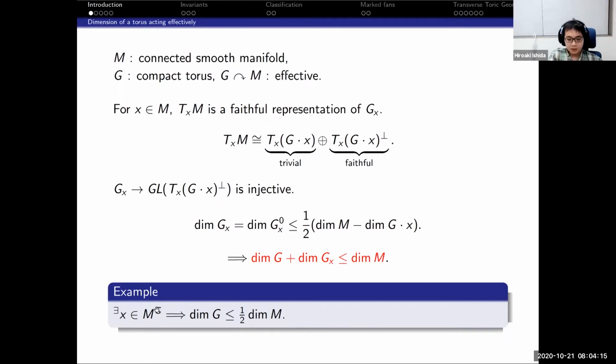For example, if the manifold has a fixed point, then the dimension of the torus cannot exceed half of the dimension of the manifold. This inequality motivates me to define the notion of maximal torus action.